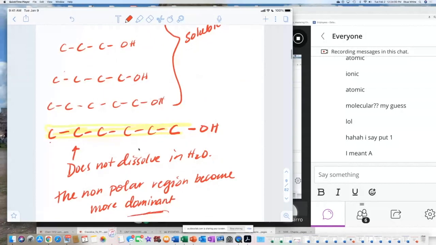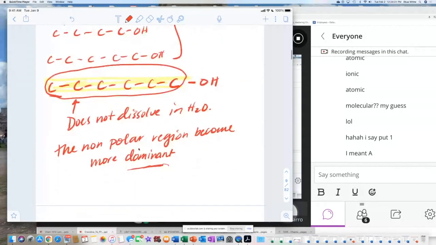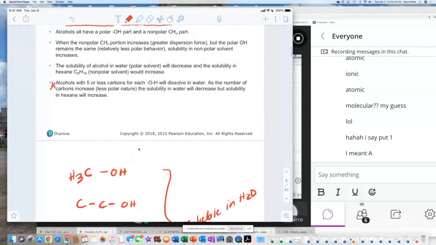This part now characterizes the compound because you have more carbons per OH. Any questions about that? So the cutoff point is 5. Once you get above 5, we're dealing with nonpolar. Once again, alcohols with 5 or fewer carbons for each OH will dissolve in water. As the number of carbons increases, we have a less polar nature. The solubility in water will decrease, but solubility in hexane, the nonpolar solvent, will increase.